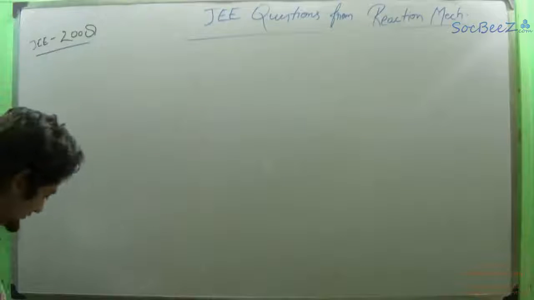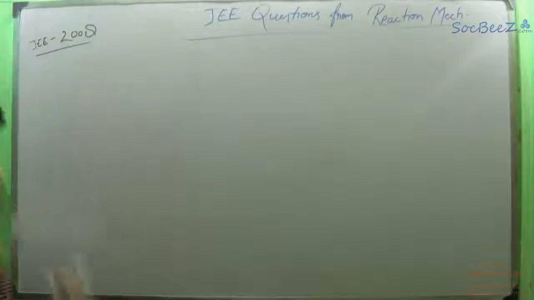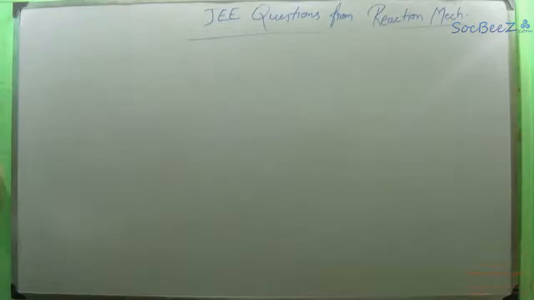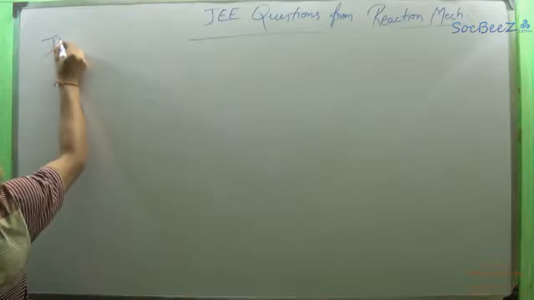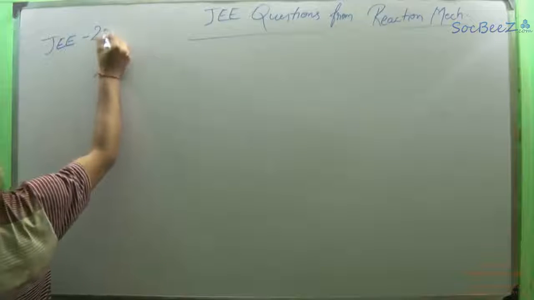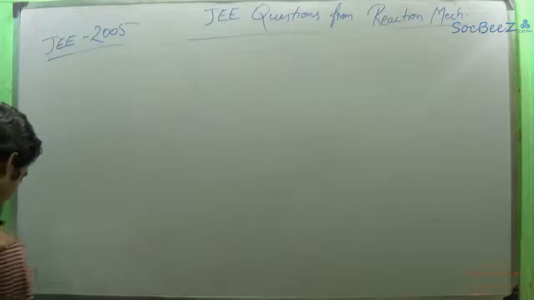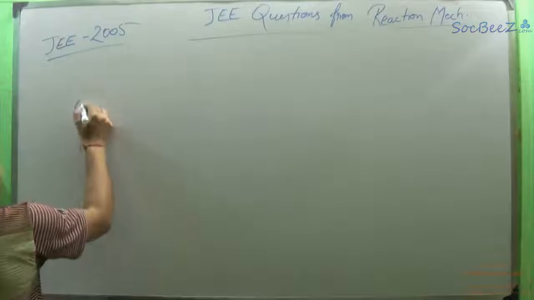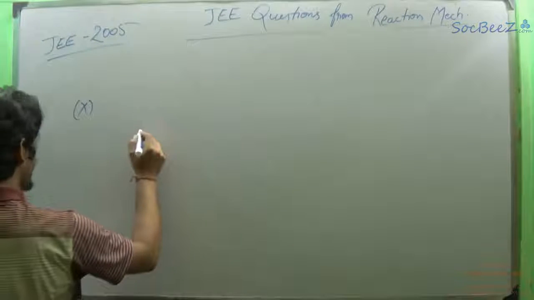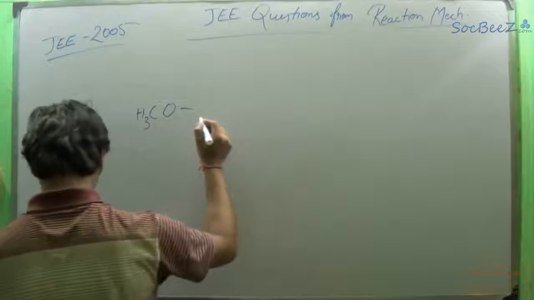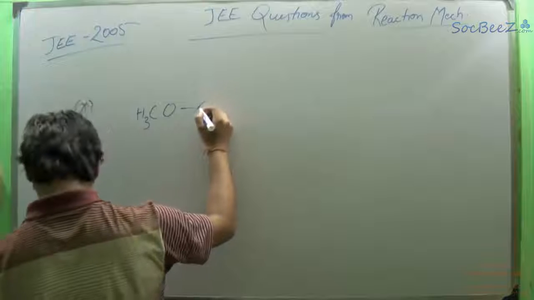There is a question from JEE 2005. The question was, we are given a compound X, which is a benzene ring.